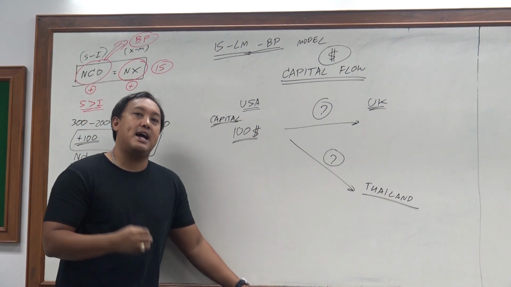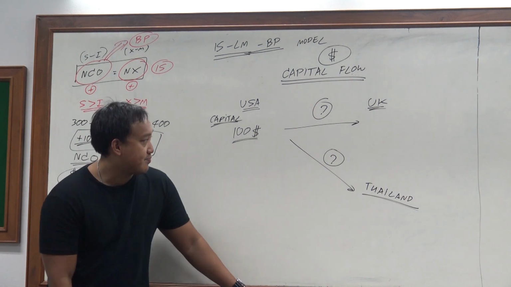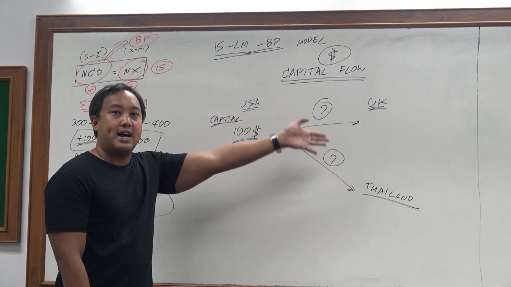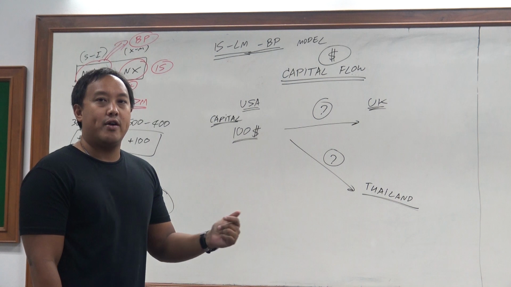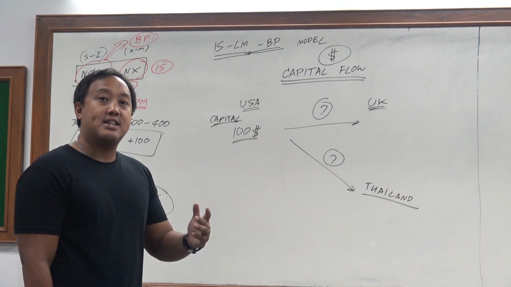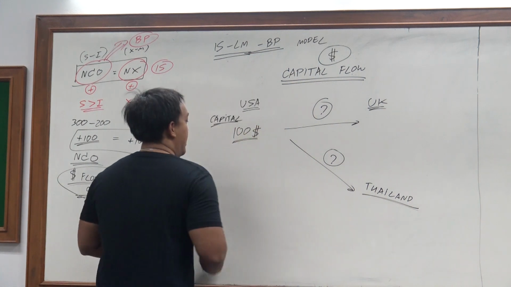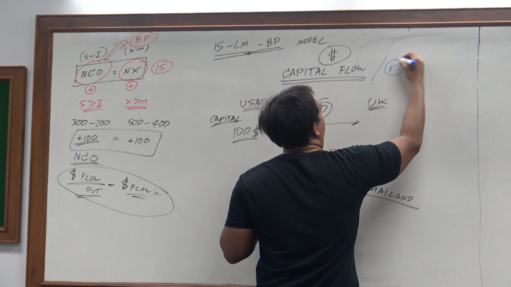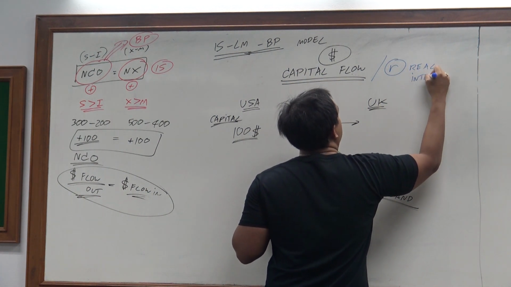What is the factor that determines our decision on this one? We're going to move the money to the other country, UK or Thailand, depending on what factor? The factor that's going to affect our decision is the level of R, or real interest rate.